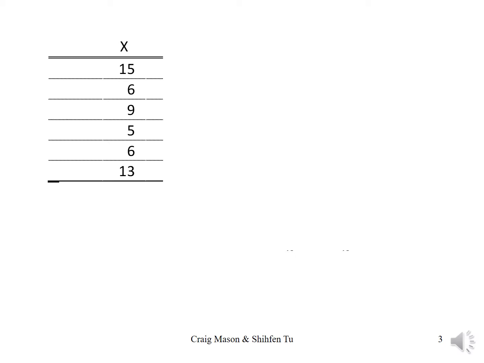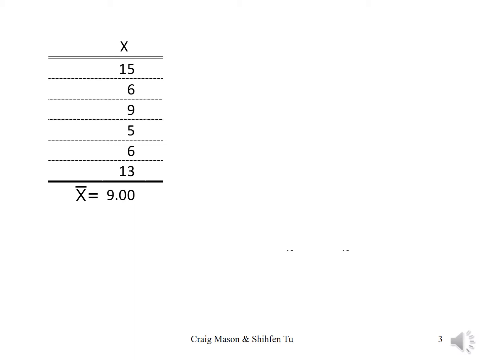Let's start with an example based on the following data. We have 6 quiz scores with values of 15, 6, 9, 5, 6, and 13. These scores have a mean of 9.